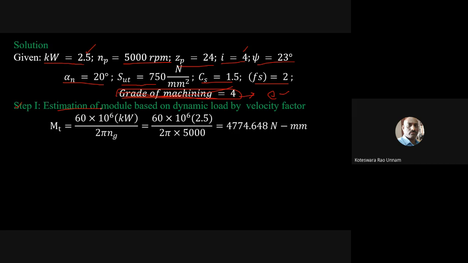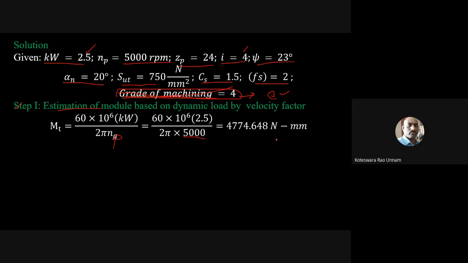For that, we know the torque transmitted. The formula for the torque transmitted is 60 into 10 power 6 into power in kilowatts divided by 2 pi Np, not Ng. Here it is a mistake again. So it is Np, the speed of the pinion, because we know the speed of the pinion only, so we'll use that one.